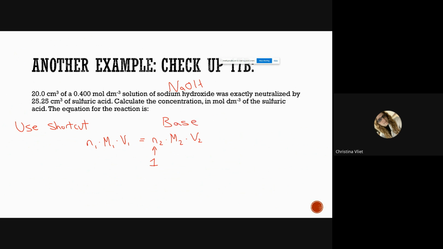And what is sulfuric acid? Something that we've got to memorize. What's sulfuric acid? H2SO4. So this is 2.